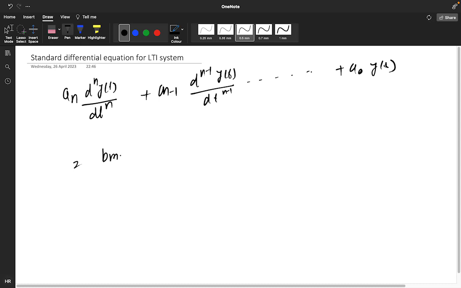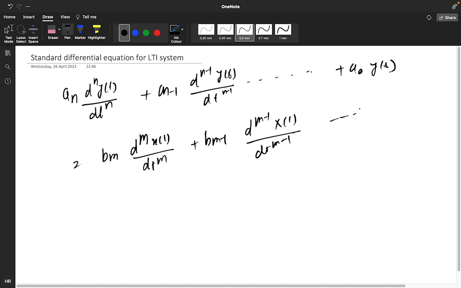It will be equal to b_m d^m x(t) divided by dt^m plus b_(m-1) d^(m-1) x(t) divided by dt^(m-1). It's going like this, plus b_0 x(t). So these are equal. This is the standard differential equation.